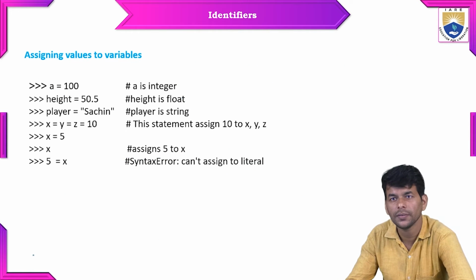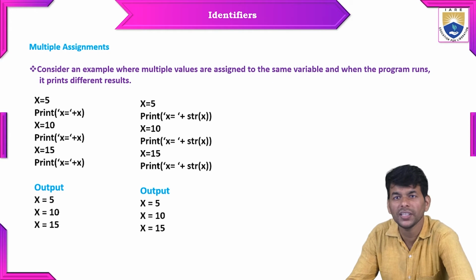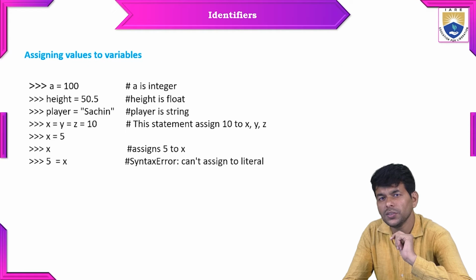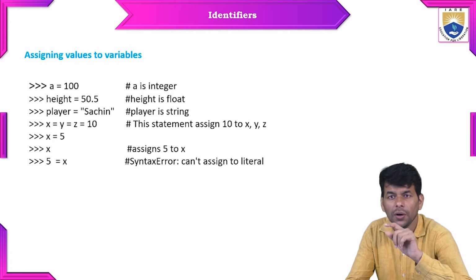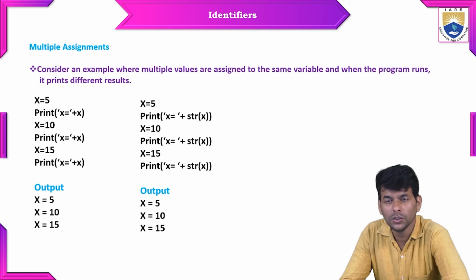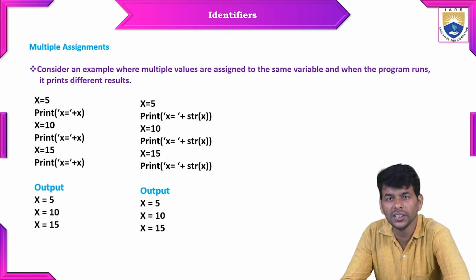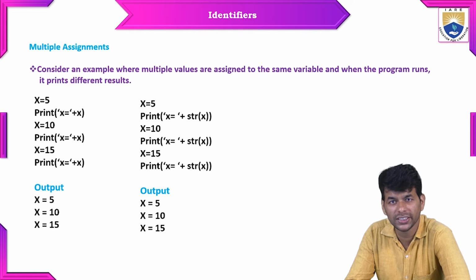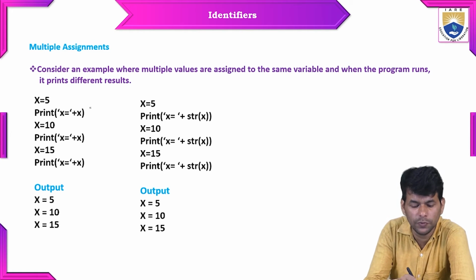The next one is multiple assignments. In the current slide, we saw that we assign a single value to a single variable at a time. But in this particular program, the name itself says that we can give multiple values to X. Let us assume we have two programs.